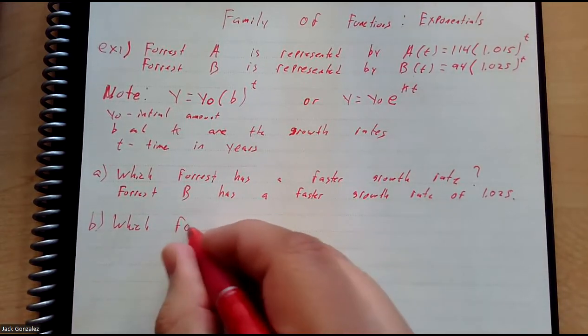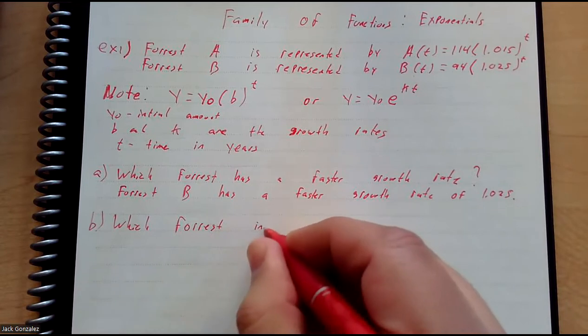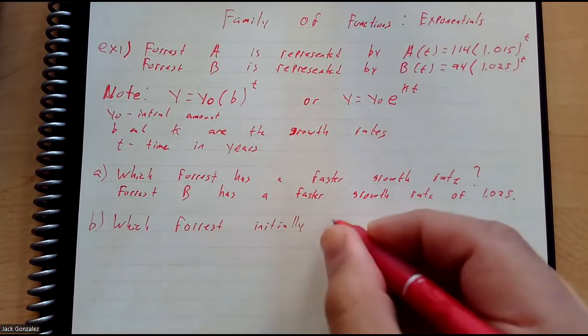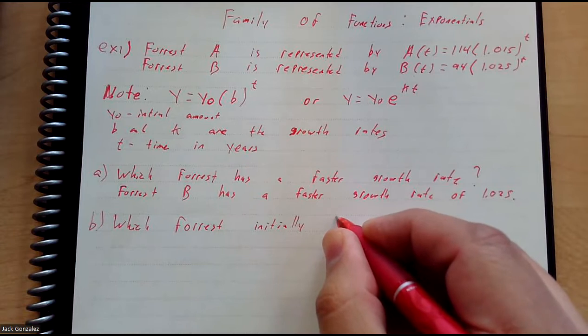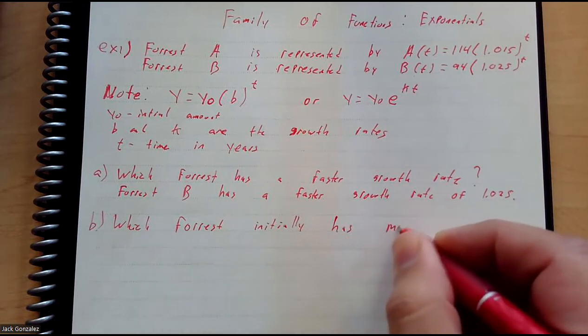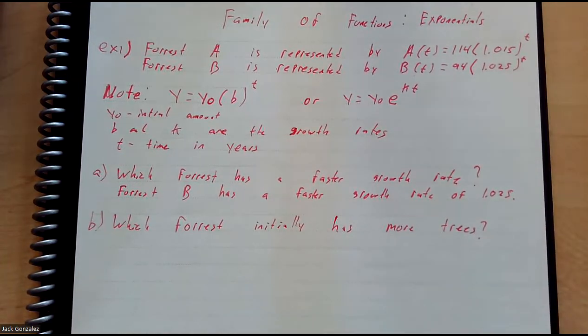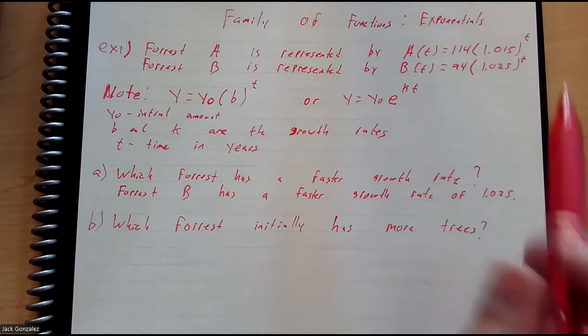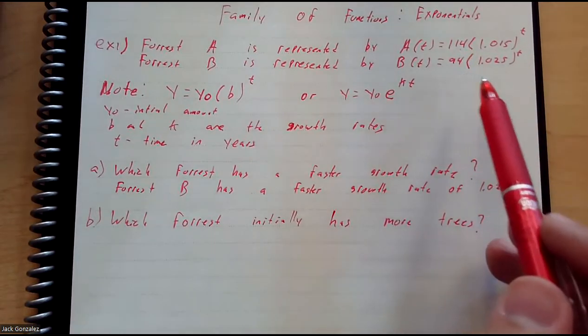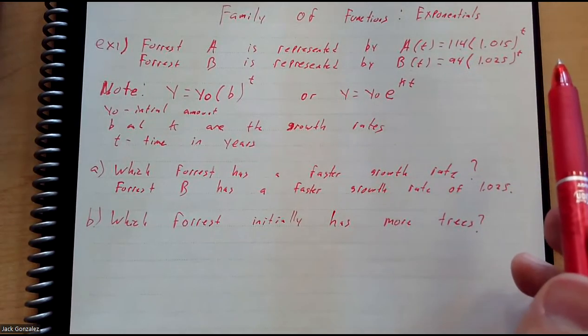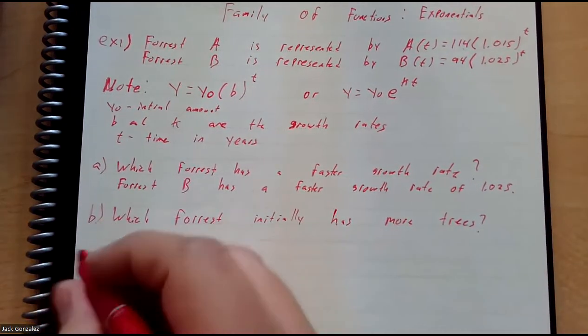Which forest initially has more trees? Well, the initial for A is 114, so you can just write this number down. That'll be your initial, or you can plug in 0, which is time 0, the beginning. That's just your output.